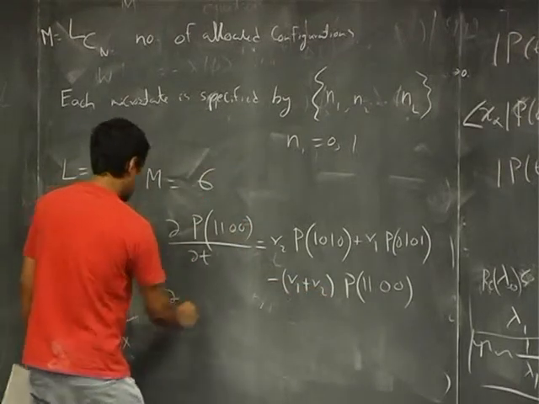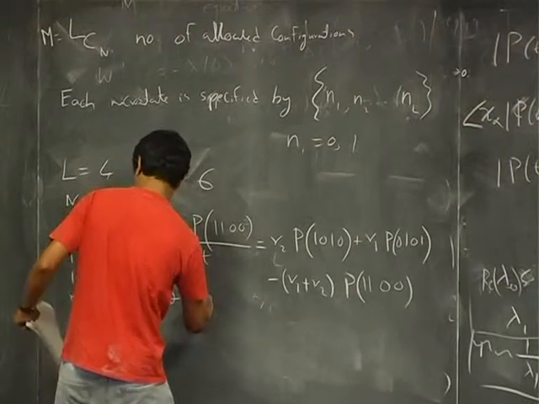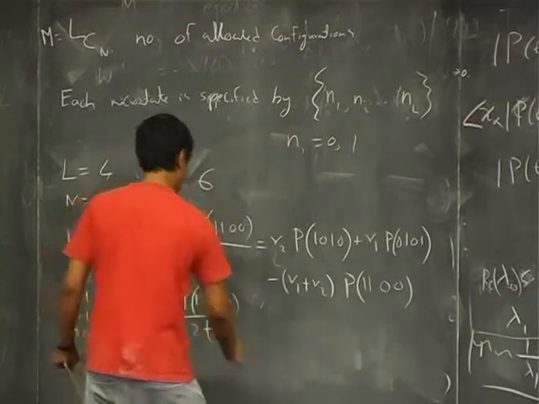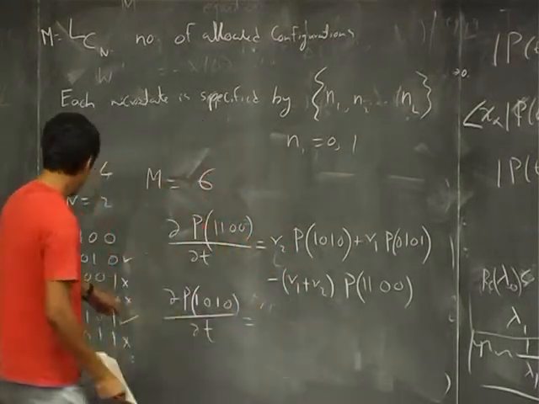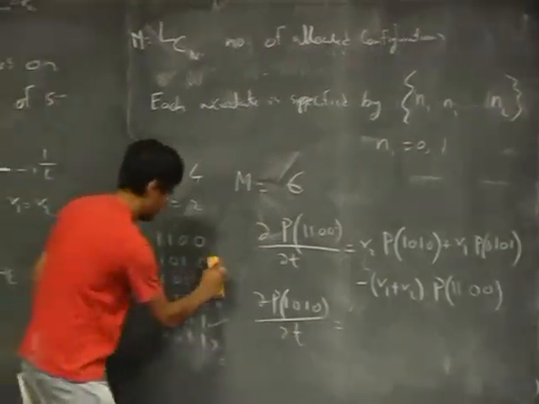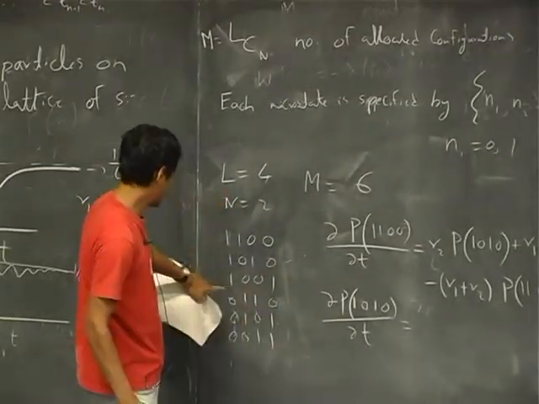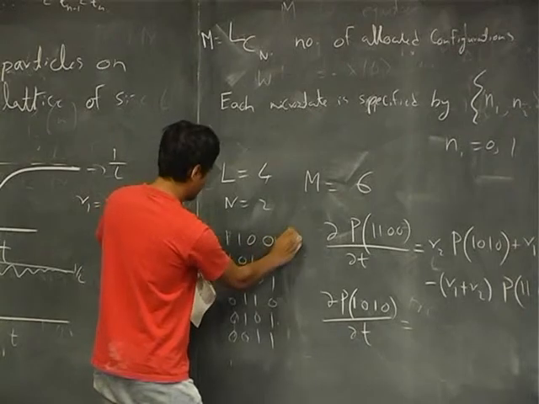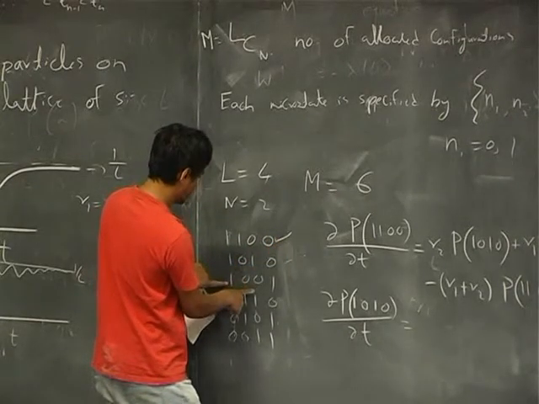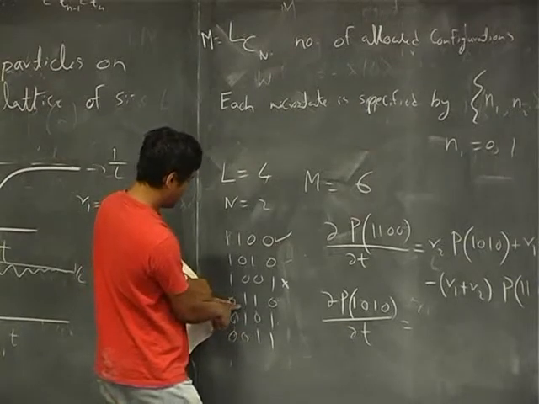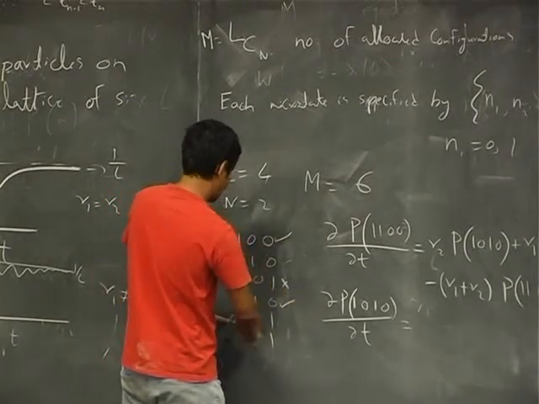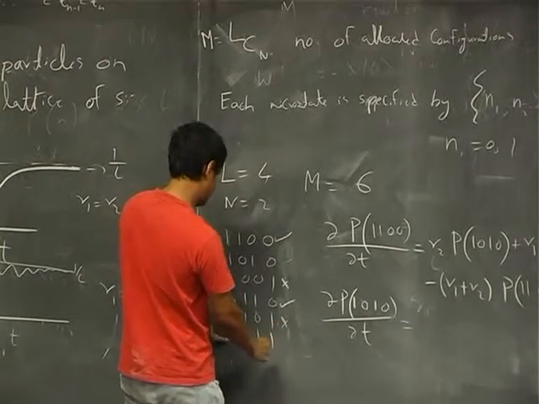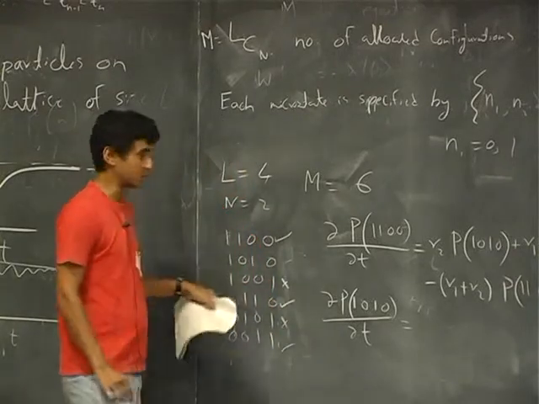Okay, similarly, let's write another one. If you look at 0101, so that is this one. It can come from, of course, this one. It can't come from this one. This one, yes. And this one, no. This one, yes. So this one can come from three possible states.